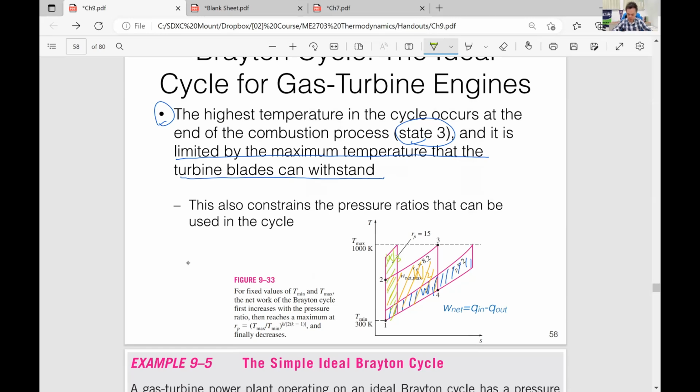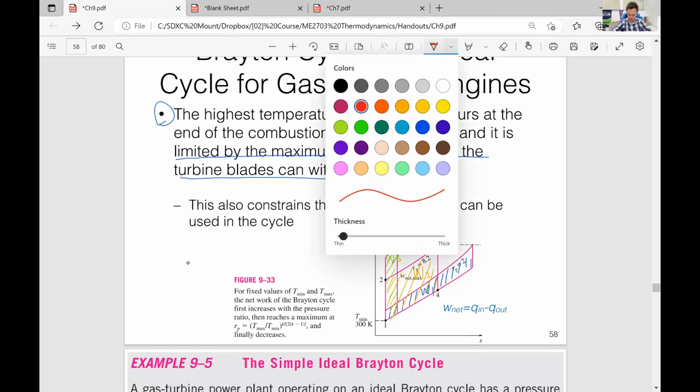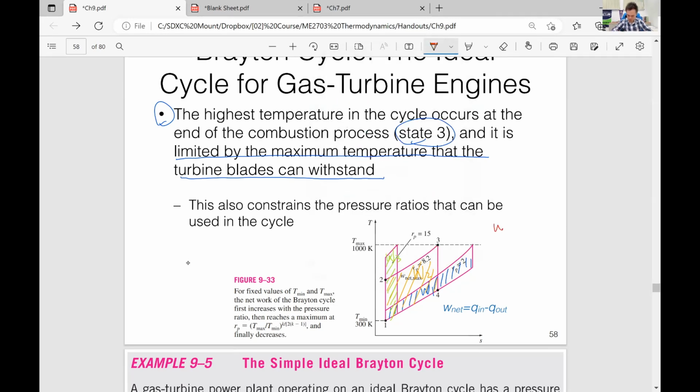Okay, so you can see W2 would be larger than W1 and W3. So that implies that there's an optimum pressure ratio that makes the area maximum. Okay, so how do we get this?